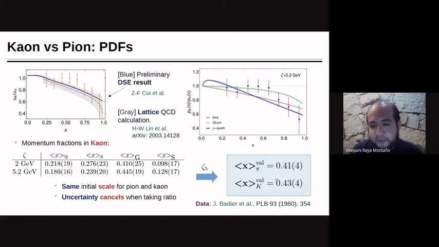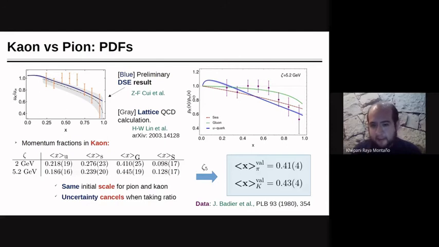And so in comparison with the Pion, precisely at this experimental scale, the Kaon will carry a little more momentum fraction for the valence than it does for the Pion. A very important issue of this Pion-Kaon comparison is that we are employing the same initial scale for both mesons, and this scale is not being tuned to produce this ratio.